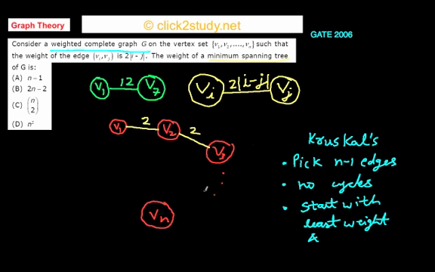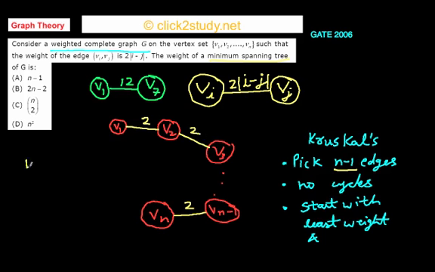When you reach vn from vn minus 1 and include this edge in your spanning tree, the weight of this edge is 2 times |n minus (n minus 1)|, which is again 2. So all these edges that you pick have a weight of 2, and at this edge you would have completed your condition of n minus 1 edges. That's the time to stop. You have picked n minus 1 edges, and all of them have a weight of 2.